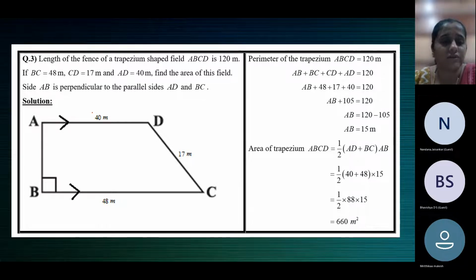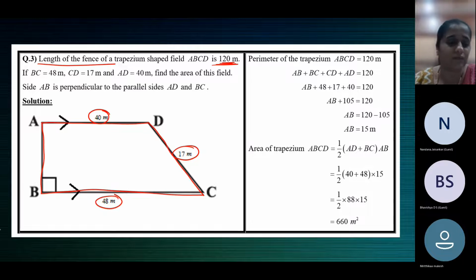So in this trapezium-shaped field, we are given the lengths of 3 sides of the field. And we are also given the perimeter. See here, the length of the fence. The fence will go along the boundary of the field. So the length of the fence is nothing but the perimeter of the field.